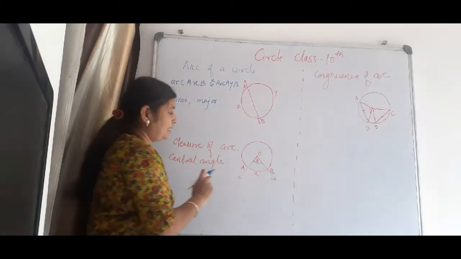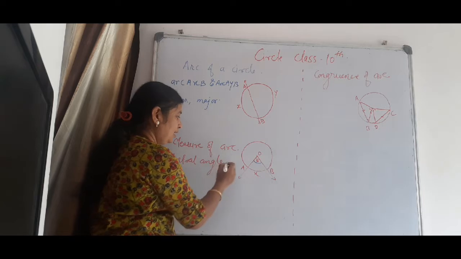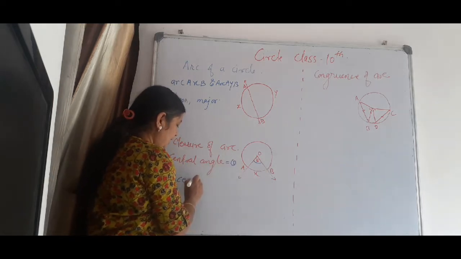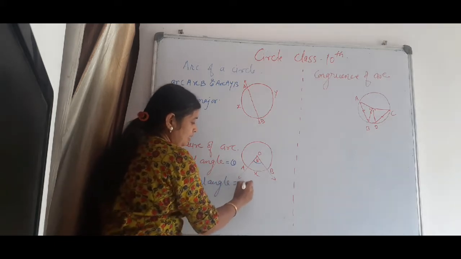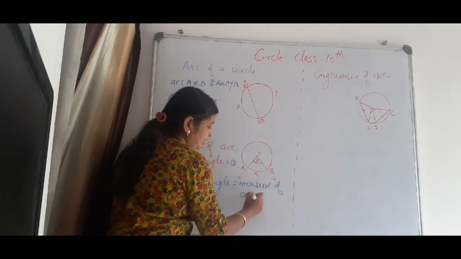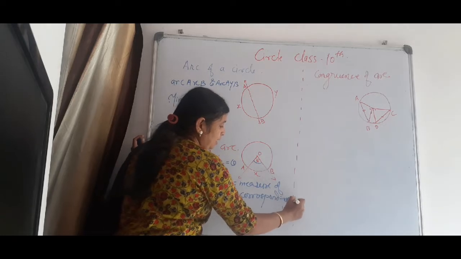If the vertex is the center, then that angle is called which angle? The central angle, that is theta, and the central angle is always equal to the measure of the corresponding arc.